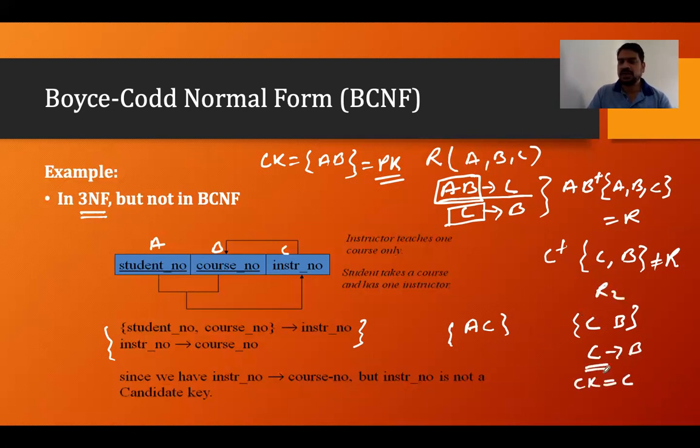Individually, this R2 is in BCNF. As for R1, A determines C, and A is the candidate key, so the left-hand side part is the candidate key. Now R1 and R2 individually are in BCNF, Boyce-Codd normal form.